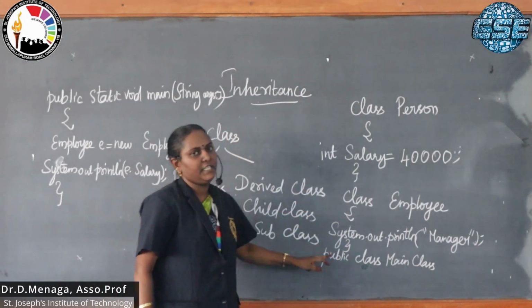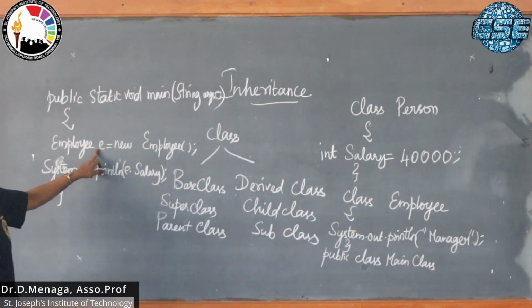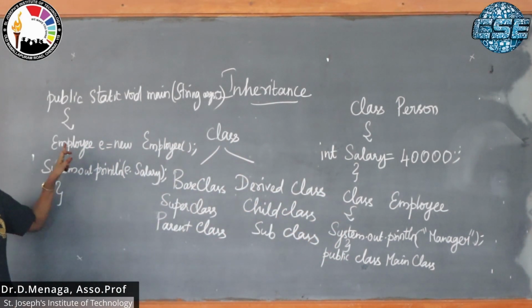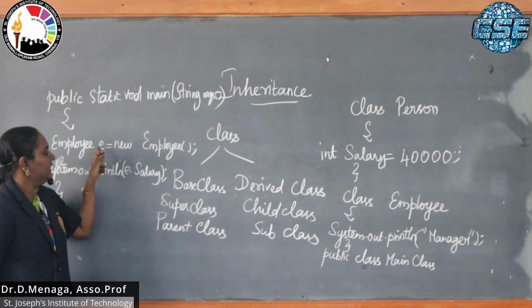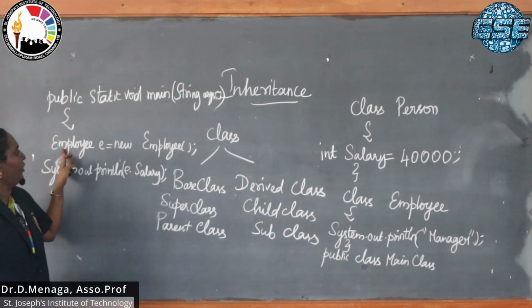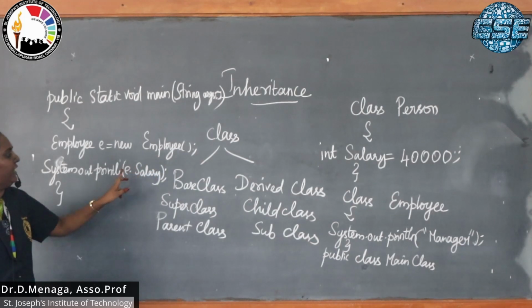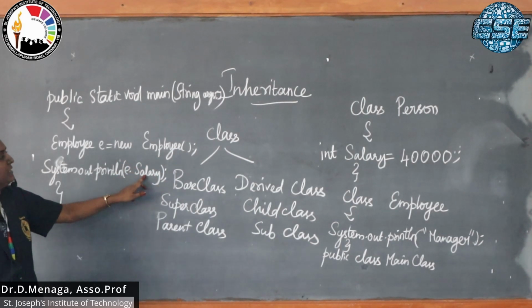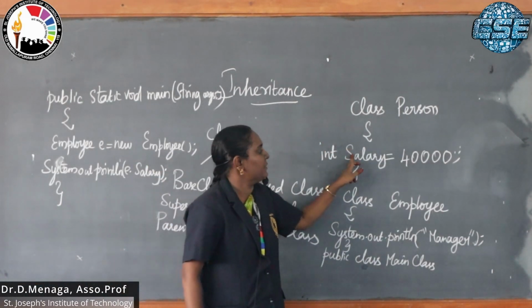Usually we create an object for the class. Here I am creating an object for the derived class employee, E equal to new employee, and from that I am accessing the value present in the base class person.